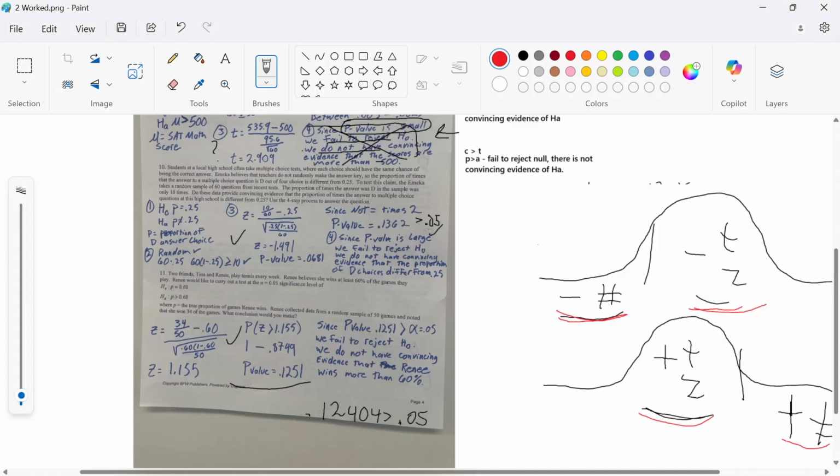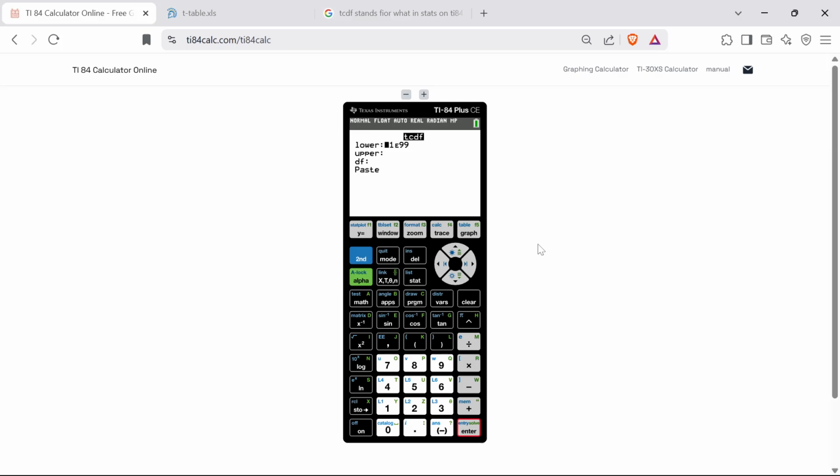All right, so this one has a positive t. I'm going to put 2.909. Then I need a very large positive number. I'll use 1 2nd EE 99, that means 1 times 10 to the 99th power.